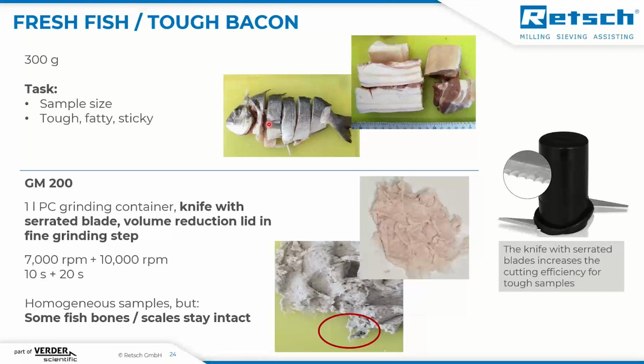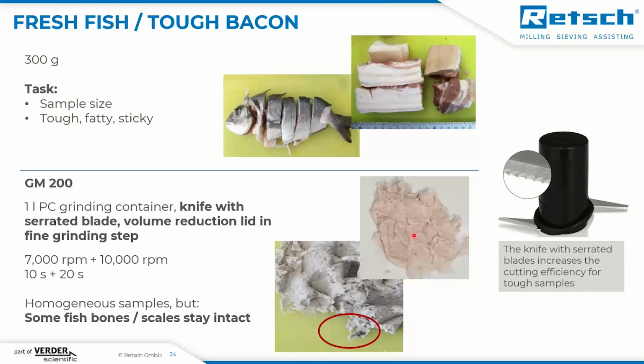And here another trick is used. We take 2 different lids. In the coarse grinding step, we take the standard lid. So we have a little bit of room for the sample to move, and can just go for the coarse grinding step. And then we exchange the lid for the volume reduction lid in the fine grinding step, and press the sample towards the knife and can come to this finely ground sample.